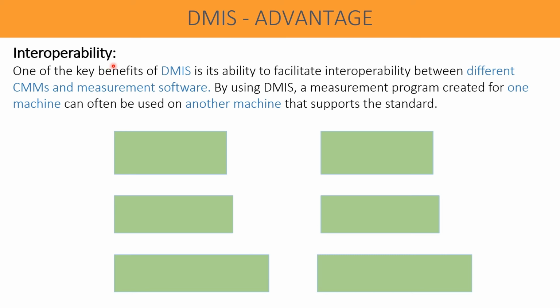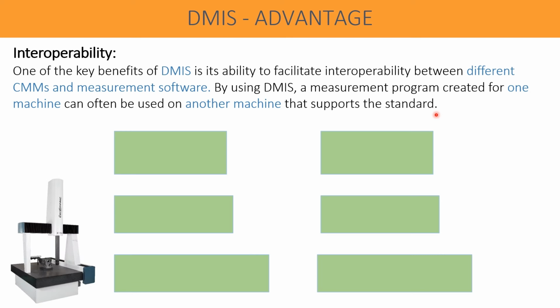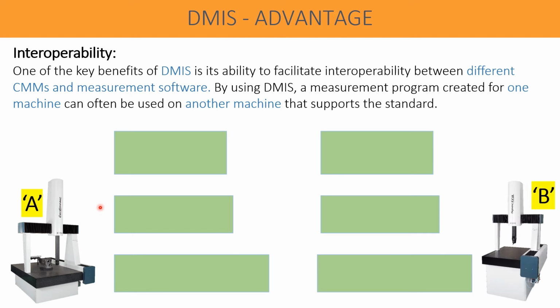In the same way, by using DMIS, a measurement program created for one machine can often be used on another machine that supports the standard. Let us demonstrate with graphics as follows. There are two different CMMs shown here. Those may be of different make, brand, or have different software installed.